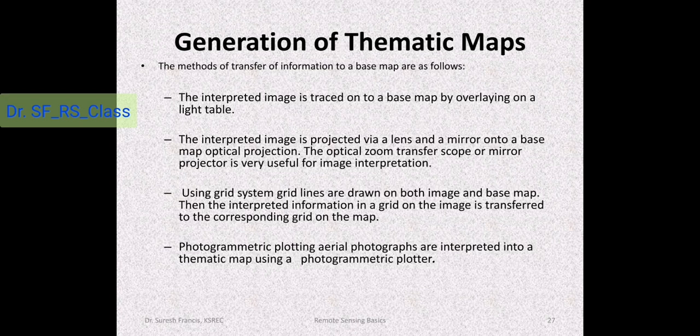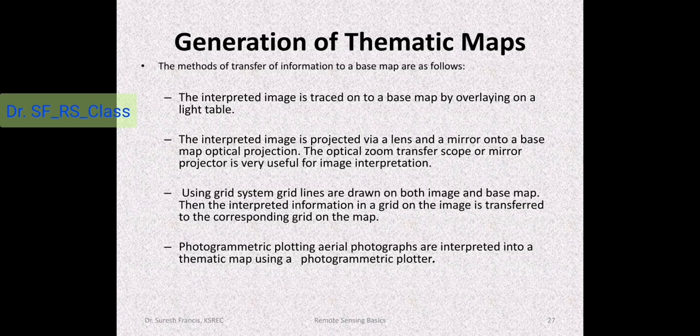Optical zoom transferoscope and mirror projectors were used in the earlier time for transferring this information, and a grid system was followed in the interpreted theme and also in the base map, so that the information in each grid was transferred grid-wise for better accuracy.